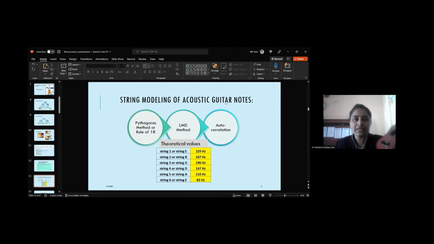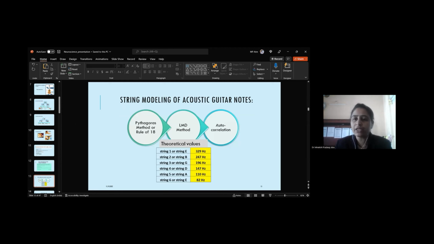Now, string modeling of this acoustic guitar. String is nothing but this string that I told you. So this is about the generation of the music notes by using string modeling. The Pythagoras method, or the rule of 18, is one way to generate the guitar notes. Then we can validate the frequencies of the music notes with the help of the linear mass density method, that is the LMD method.